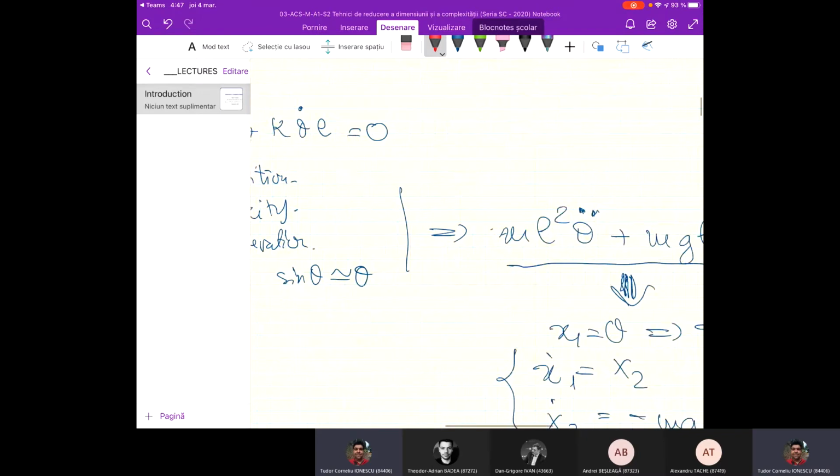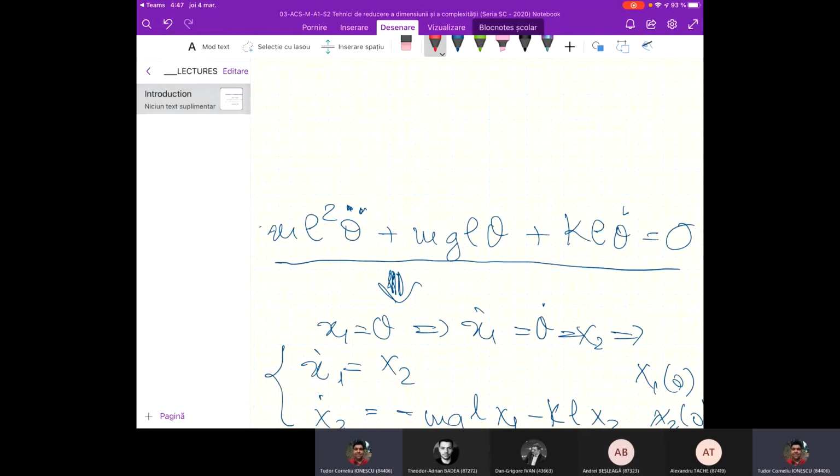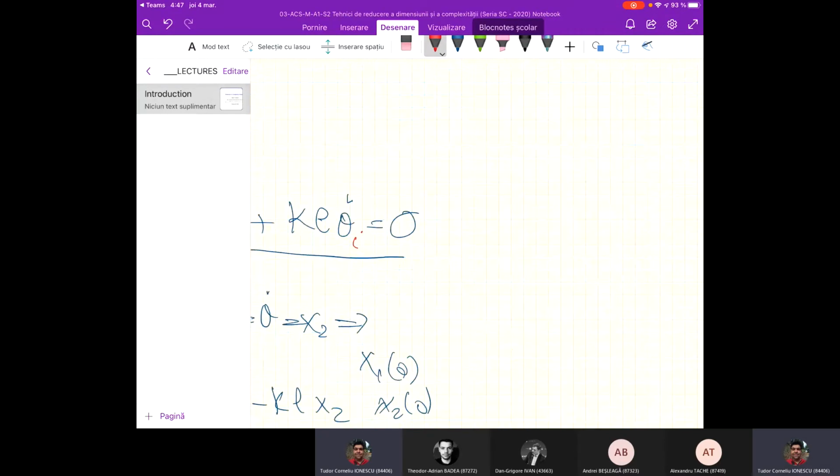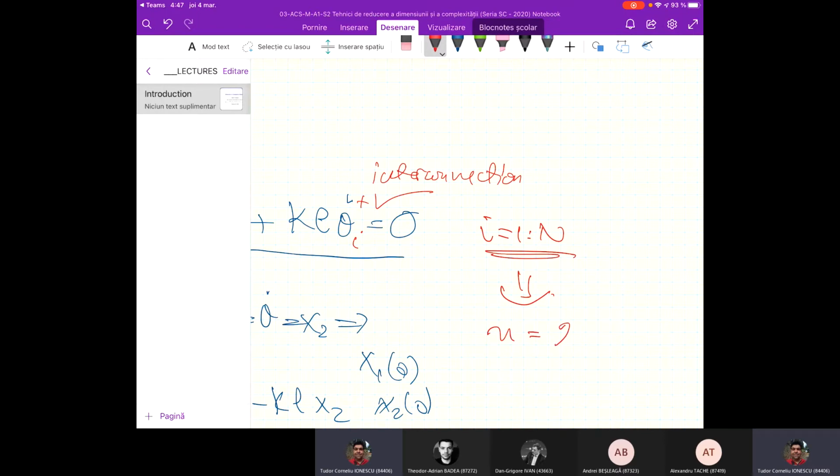But if you interconnect this, so you have here theta i, and you interconnect these things, you can have an interconnection term, where i is from 1 to capital N. So what is the final dimension of the resulting model? N equals 2 capital N.